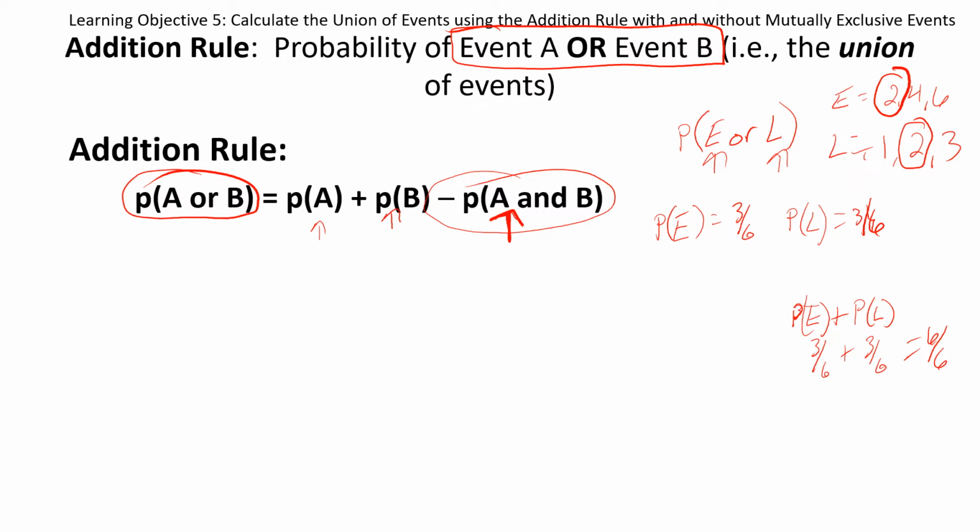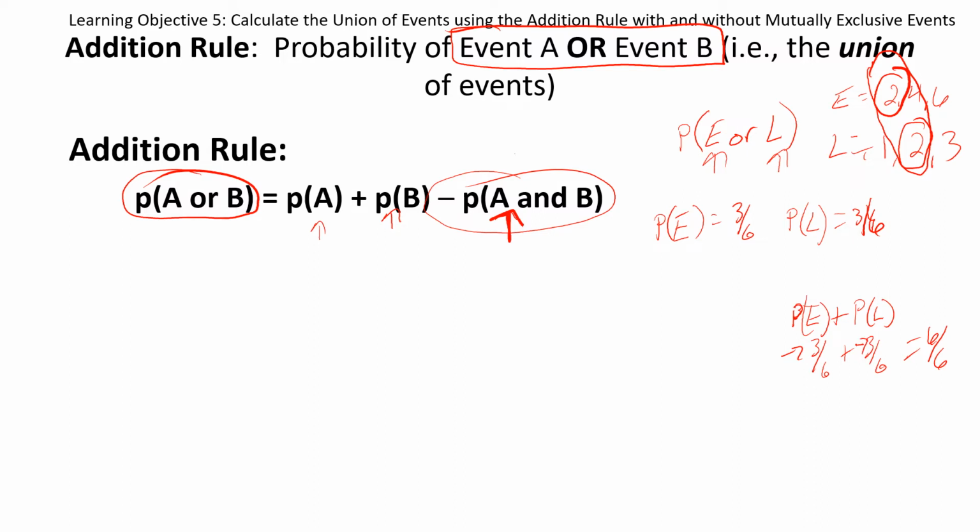However, there's not a full 1 chance. There's not a 100% chance of rolling an even or a low because we're missing the 5. And we did something with 2 specifically. With 2, we counted it twice. We counted it once in even and once in low.